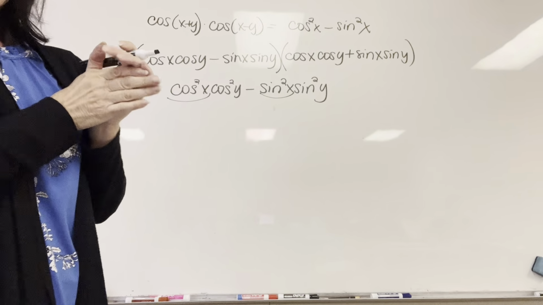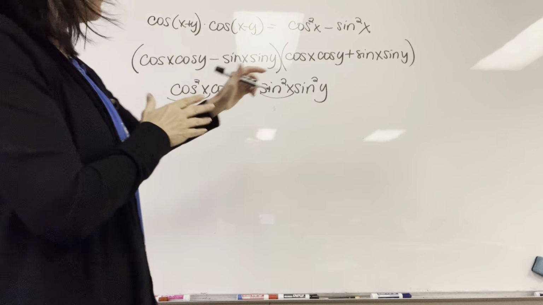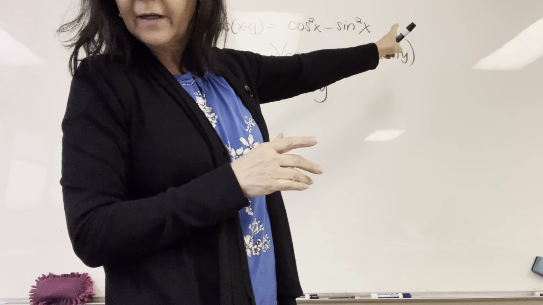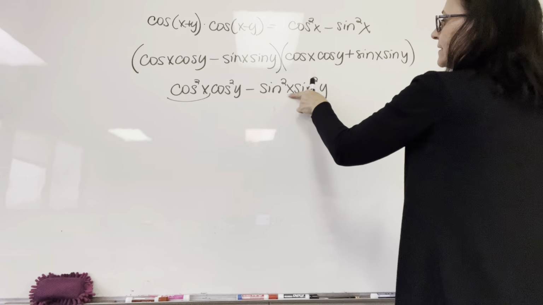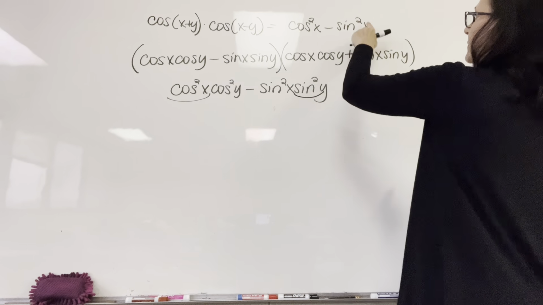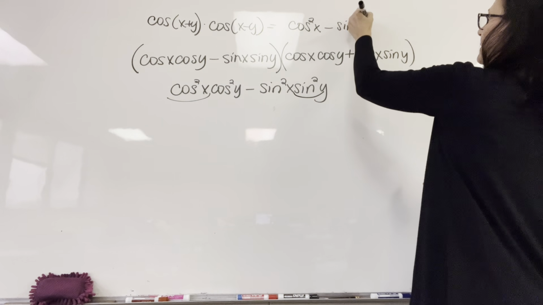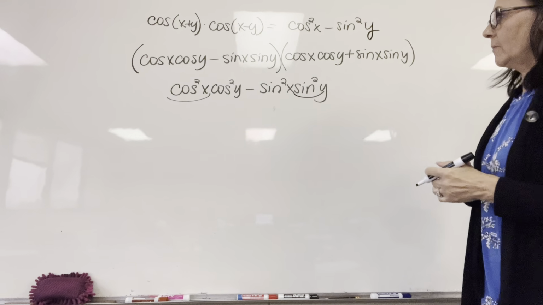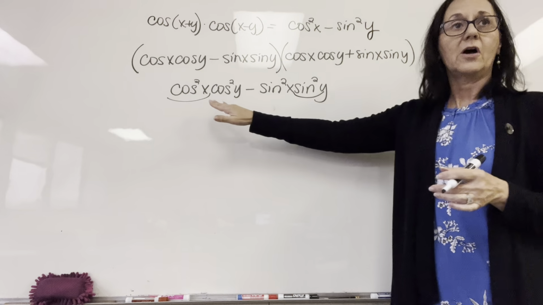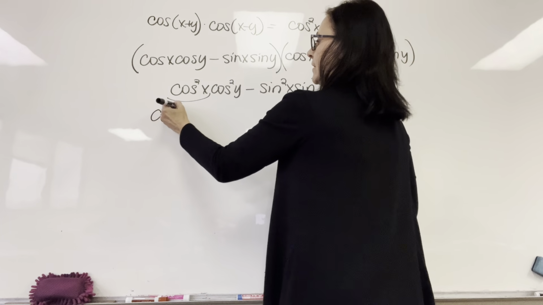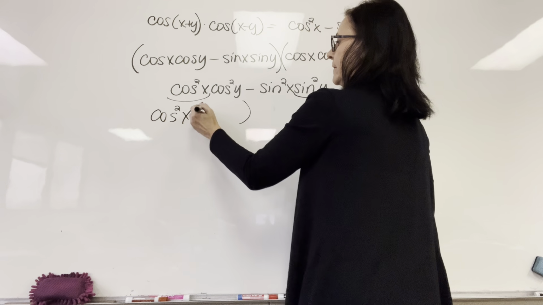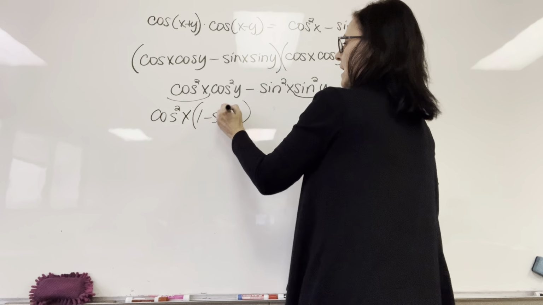1 minus, wait, is that x? Let me make sure I wrote that down right. It's y. Okay, I don't want to keep that one. This is y. So I want to keep the first one and the last one. So cosine squared x, and this is going to be 1 minus the sine squared y.